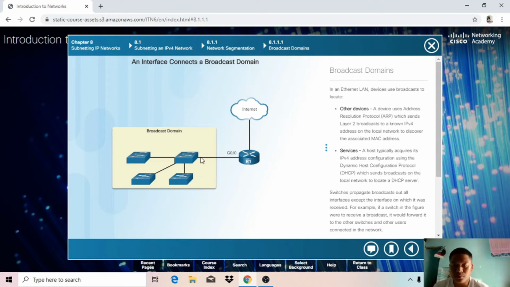A device uses Address Resolution Protocol, or ARP, which sends a layer 2 broadcast to a known IPv4 address on the local network to discover the associated MAC address. A host typically acquires its IPv4 address configuration using the Dynamic Host Configuration Protocol, or DHCP, which sends broadcasts on the local network to locate a DHCP server.